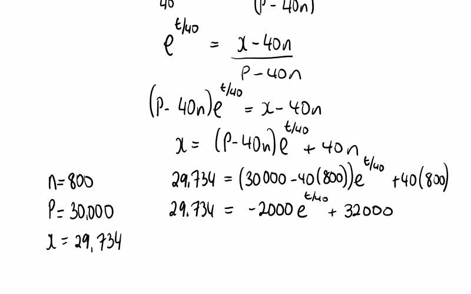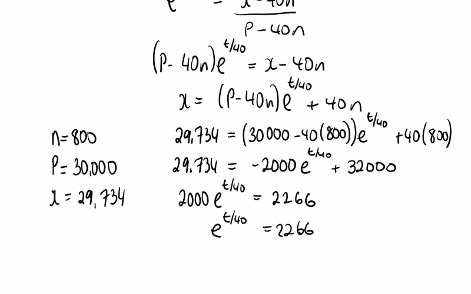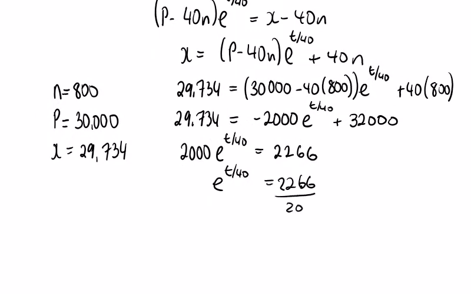So if I make them both positive by bringing the e to the left, I'm going to get 2,000 e to the power of t over 40 is equal to 32,000 minus 29,734, and that's going to give me 2,266. So e to the power of t over 40 is going to give me 2,266 over 2,000.